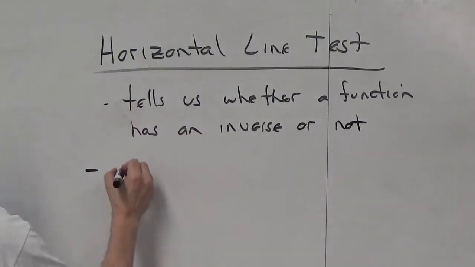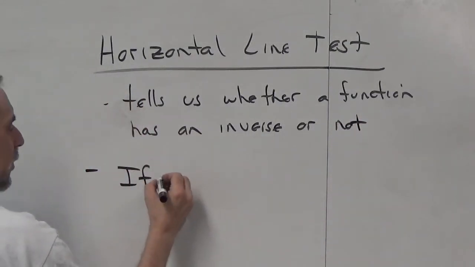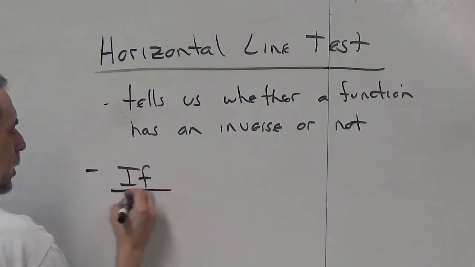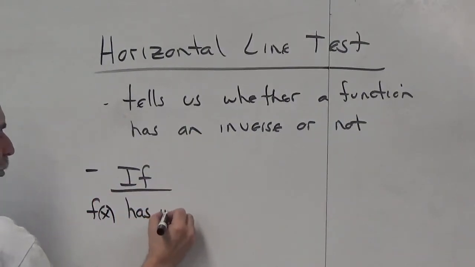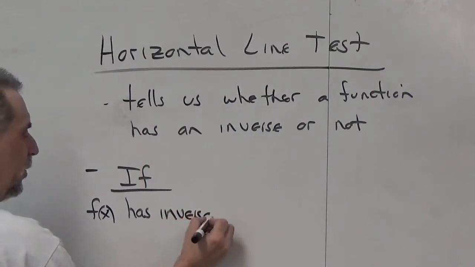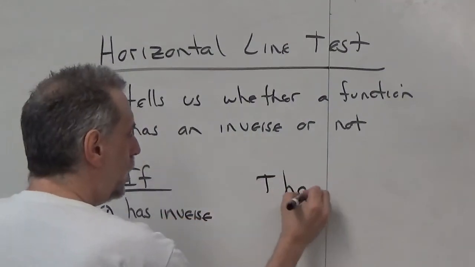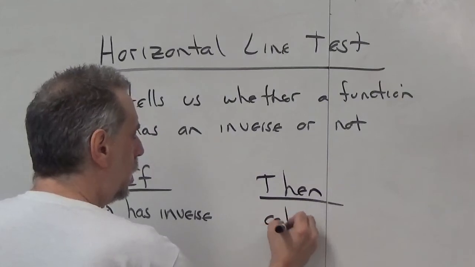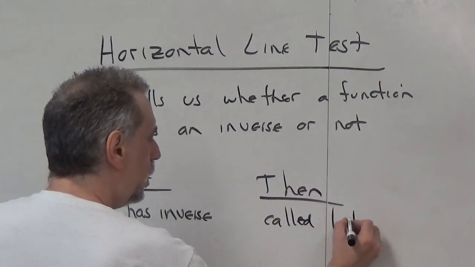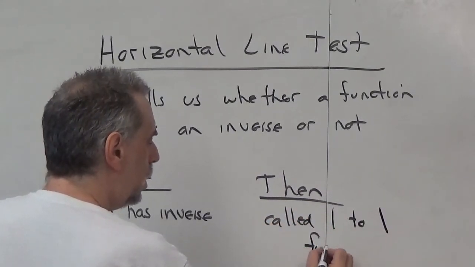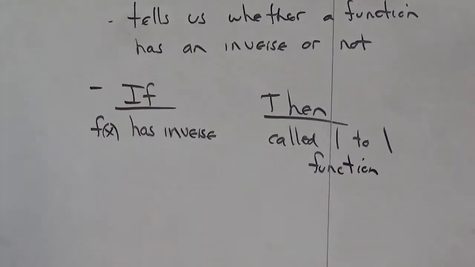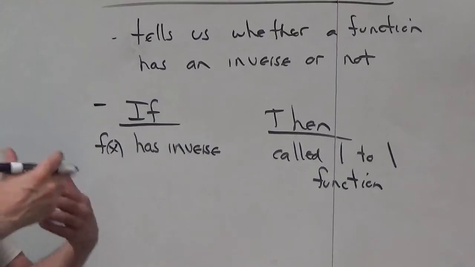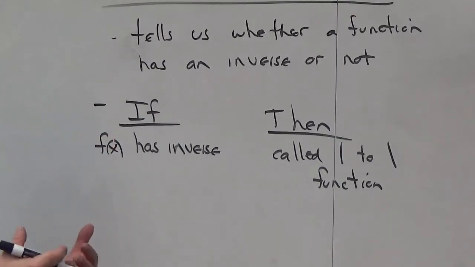Okay, and if a function has an inverse, it is called a one-to-one function. So remember, going back to the definition of a function, each individual x could have at most one y output.